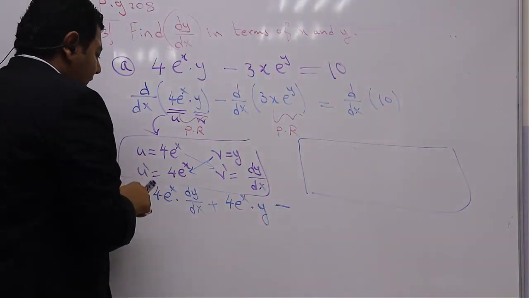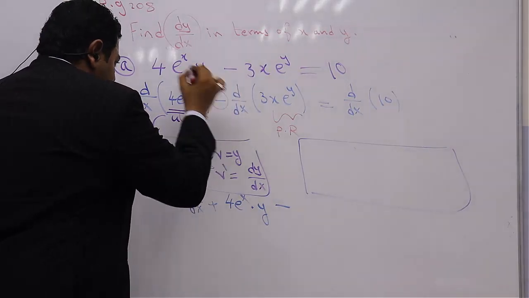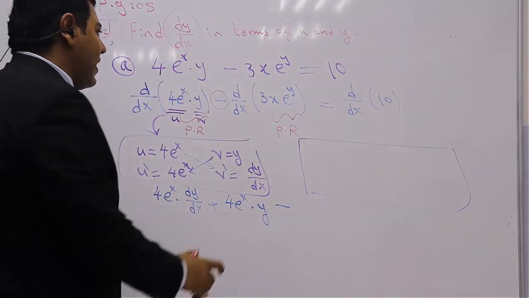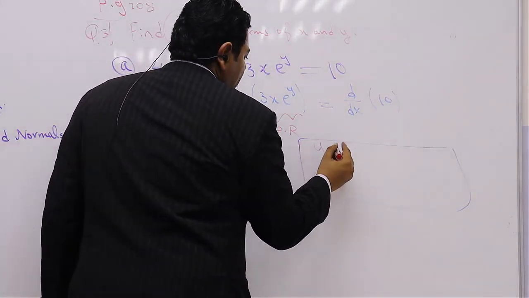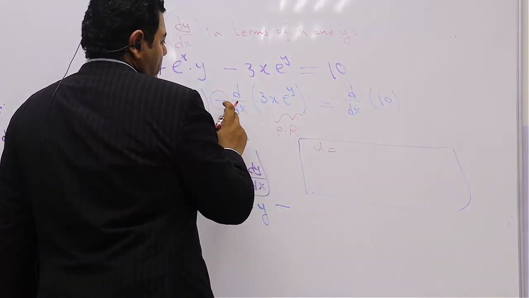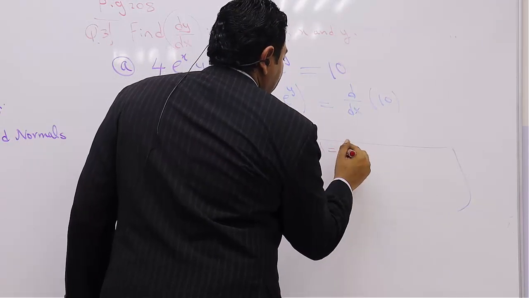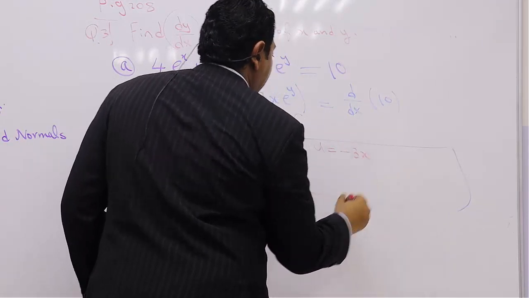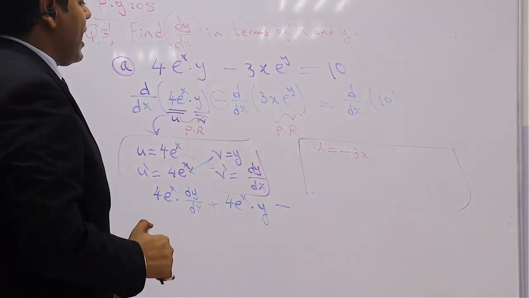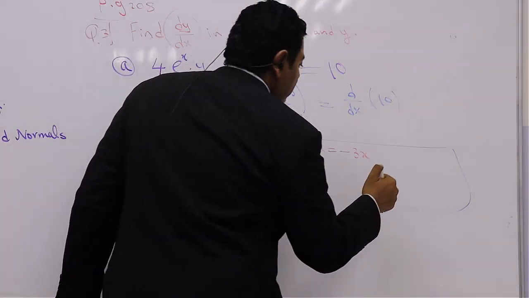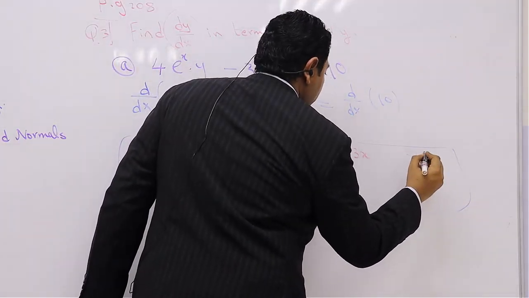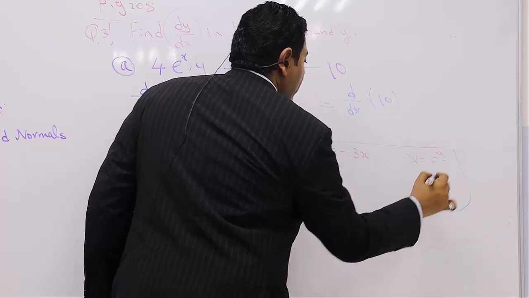So, attention to that. I have a minus sign here. So I can divide this function to be u equal to minus 3x. Don't forget the sign, please. Minus 3x. And v is equal to e to the power y.